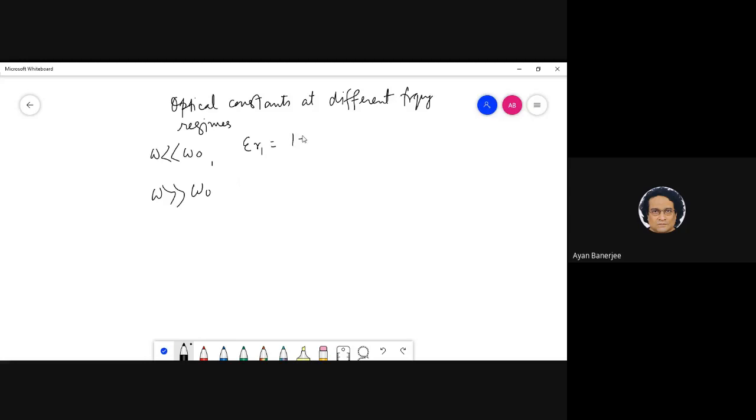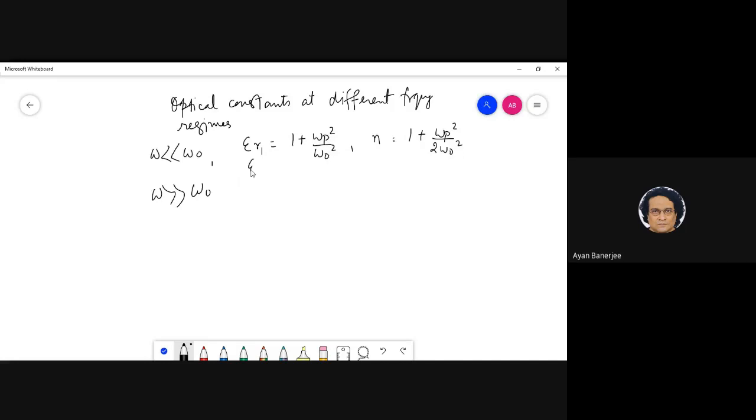This is given by omega p square over omega 0 square, and your n is given by 1 plus half of that. So these are very simple. You just go and check them in the formula, put in the different values, and you will easily get these.